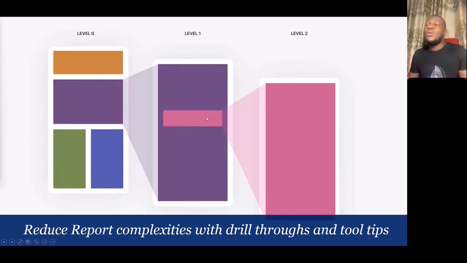And also maybe you still want to see granular detail, you're also still able to drill through from that level to a third level, right? This way you're able to manage information, you're able to manage the user interface, you're able to even give a very good experience. Of course, maybe someone would say that this is even bordering on UX, all right? But these are some of the things that people need to be conscious of.